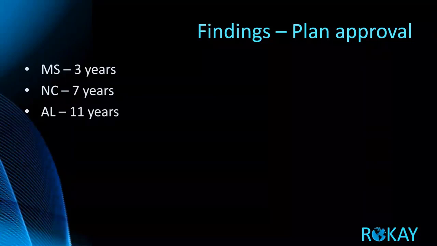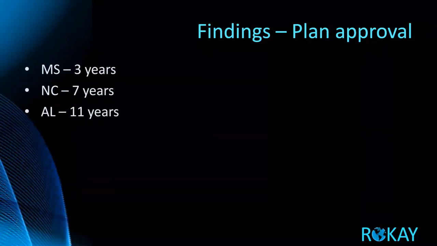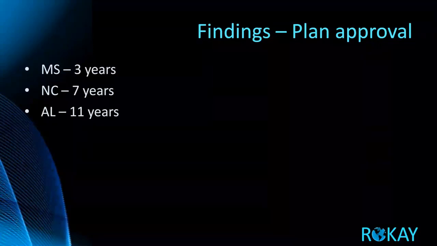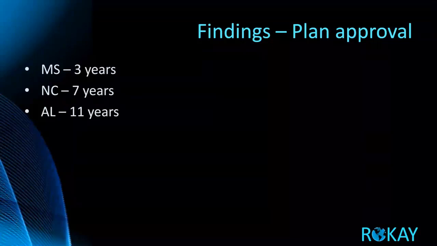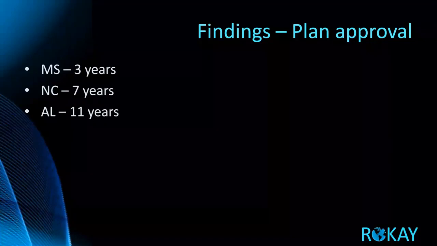So in these cases, the first state operated their RMTS for 3 years without having the DCA approval. The next one, 7 years. And the last one, 11 years. They don't say this again in the audit report, but that points out to me that maybe CMS needs a little bit more internal controls.